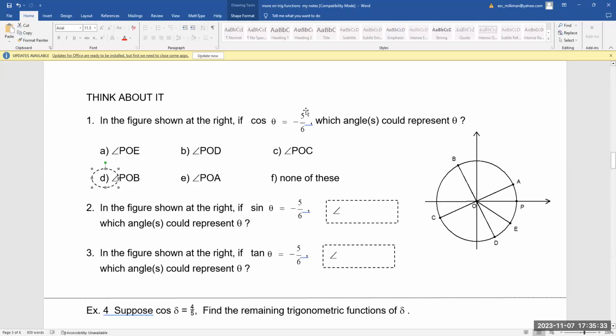Remember, the cosine is the x value over the r value. The x is rather large. The x is 5, or you can consider the x as -5, as compared with the radius of the circle, which must be 6, x over r.